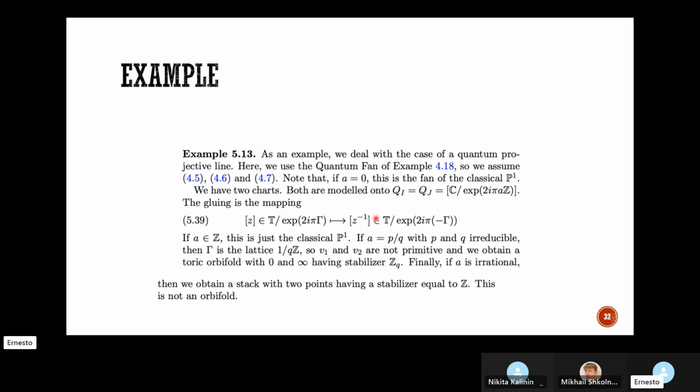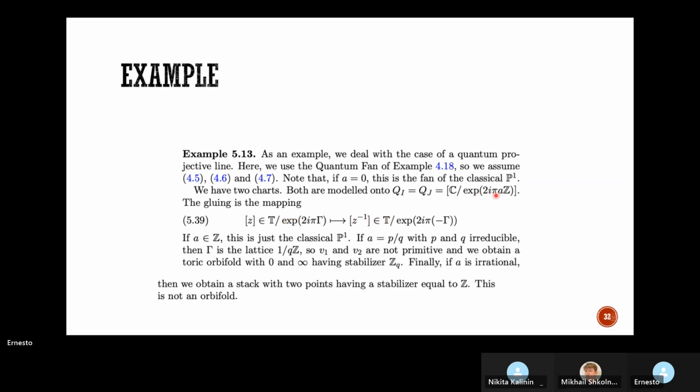But of course, C star, I call it T here for some reason. C star is inside here. The two charts are the same, but I'm going to glue them now. And so C star is like this, and C star is this, but this is this. And then I identify these two quantum tori here.